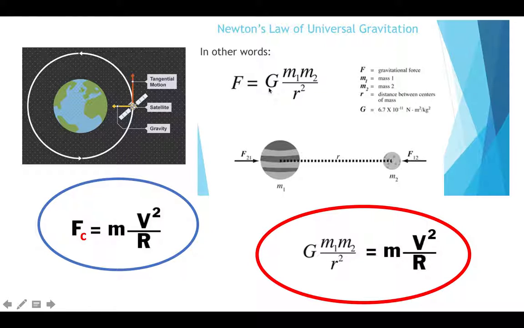So this is the formula for Newton's law of universal gravitation. And we know that this thing is moving in a circular or near circular path, so we know there's a centripetal force on it. So we can take this formula and set these two equal to one another and solve for some other part of this problem.